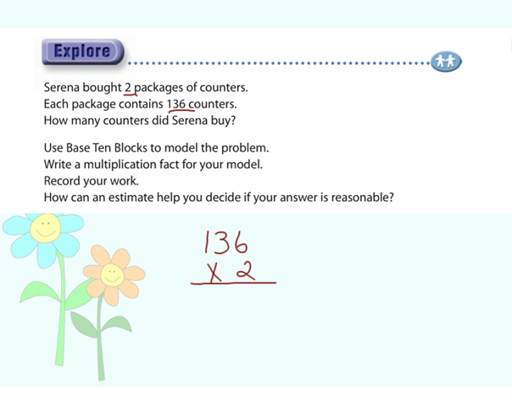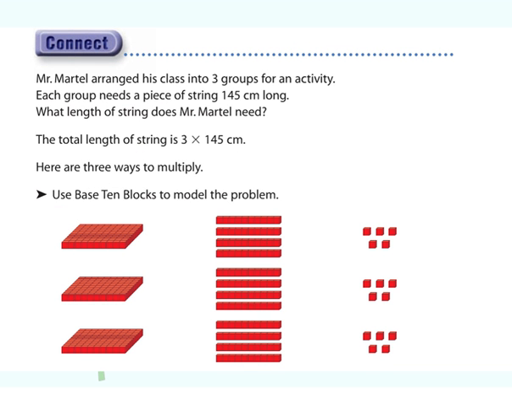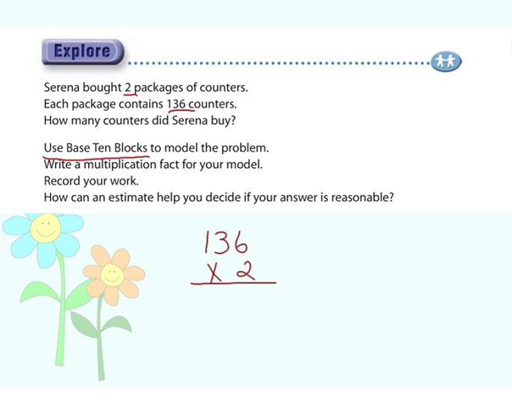There are different ways that you can solve this equation. You could use base 10 blocks. So let's have a look at what that would look like. Serena bought 2 packages, 136.